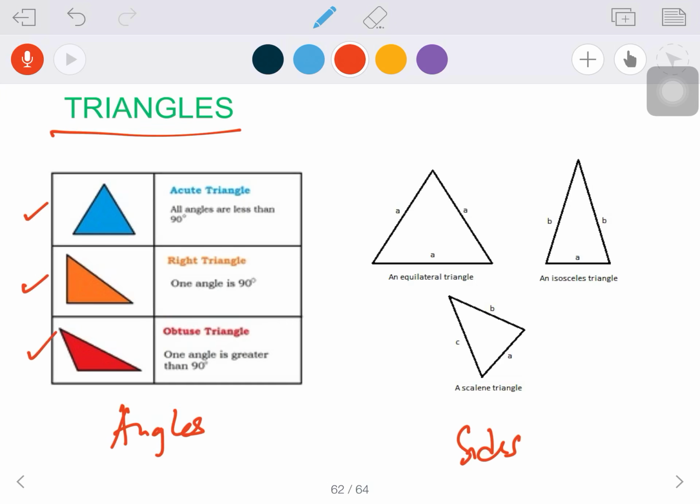But let's look at them deeper. When you talk about acute triangles, the triangle has all of its angles... Remember, there are three angles in a triangle. If it's an acute triangle, all of the angles in the triangle are less than 90 degrees.